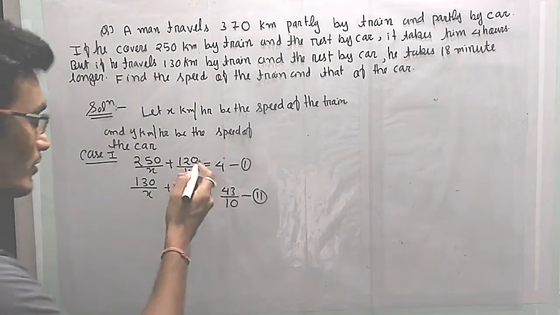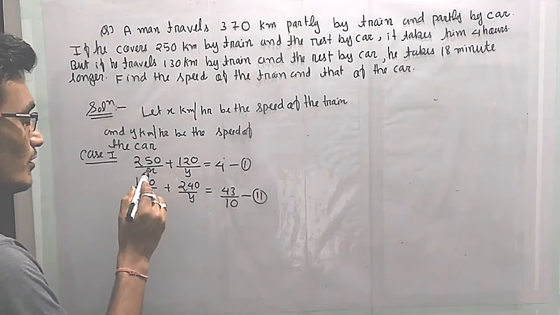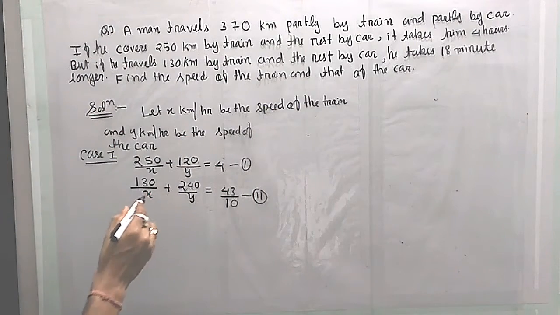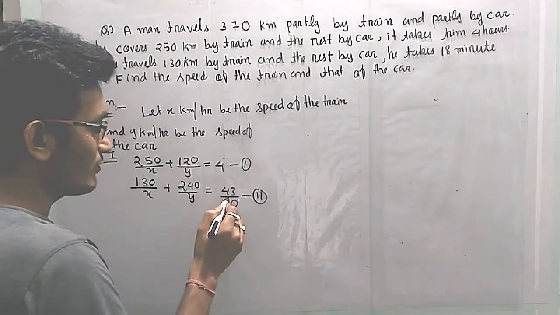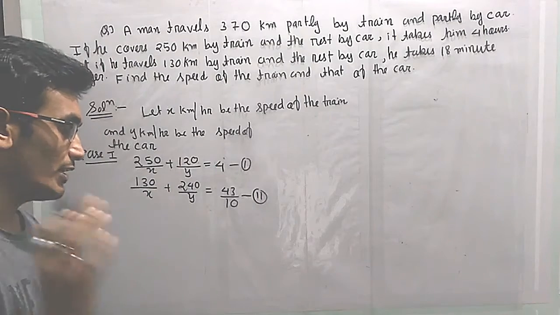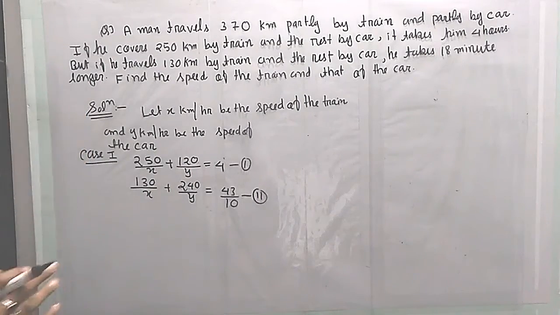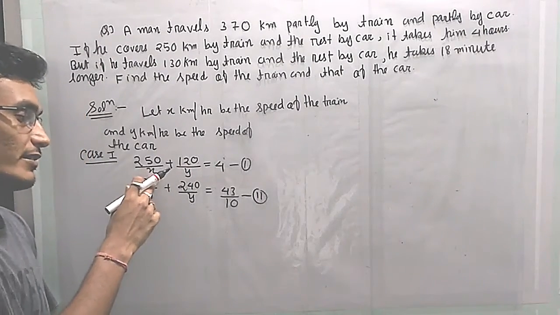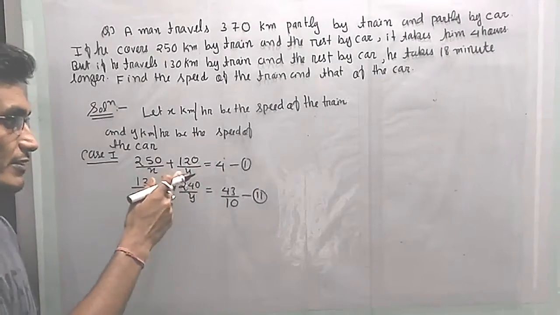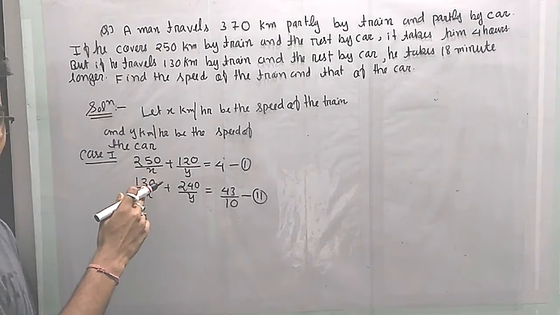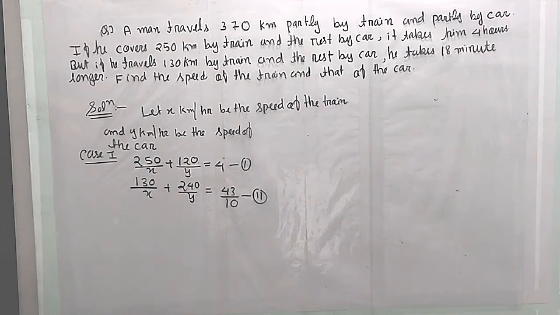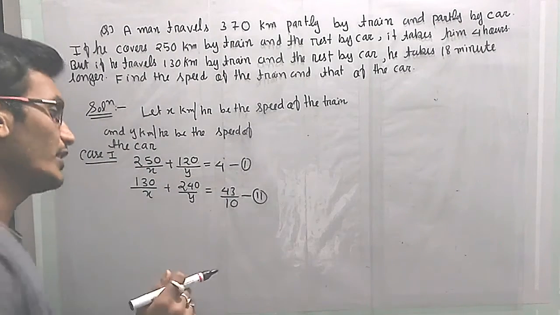Now we need to solve both the equations: 250 by x plus 120 by y equals 4 and 130 by x plus 240 by y equals 43 by 10. So what is the technique? When the variables in the equation are given in reciprocal, as you can see in both the equations, we should use the technique of u and v.